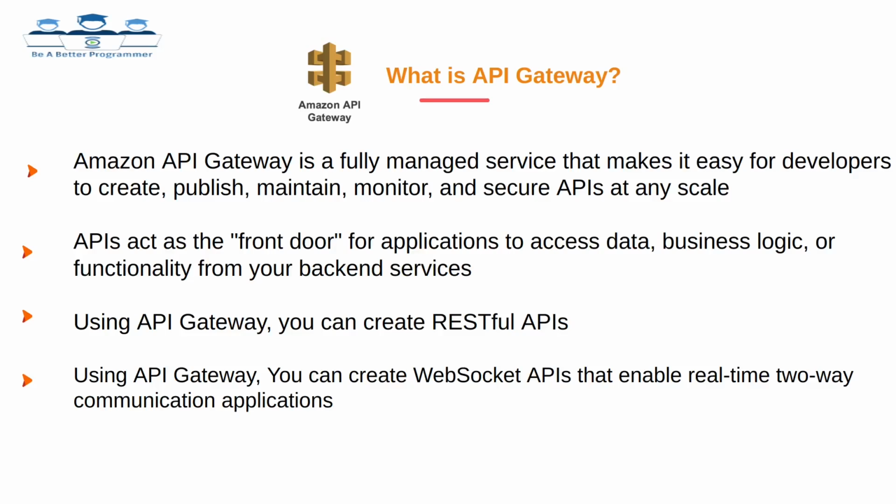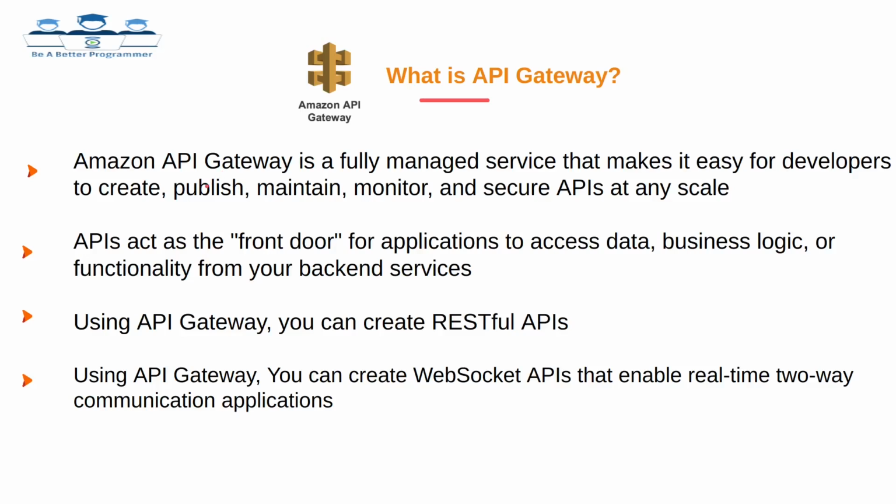That means in the AWS cloud, you can develop APIs and publish them, and you can maintain them, and also you can monitor them, and you can secure the API using an API authorizer or API key, whatever you want. And it is a fully managed service. You don't have to do anything. You just need to concentrate on the API design and the deployment of the API. That's it. And the rest of the things will be managed by AWS.